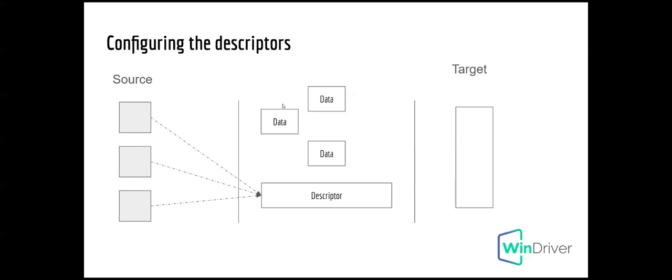So how can we do that? We start by configuring the descriptor. The descriptor, as I said, is a contiguous buffer that contains the metadata for the transfer. And it's not just one descriptor; this buffer contains all the descriptors that the transfer would require.